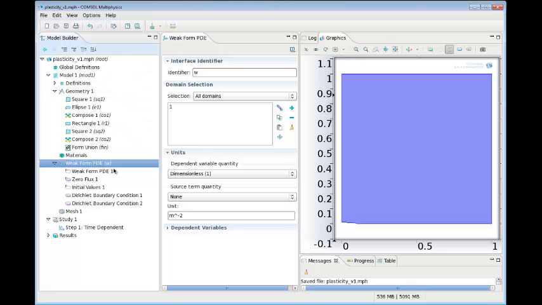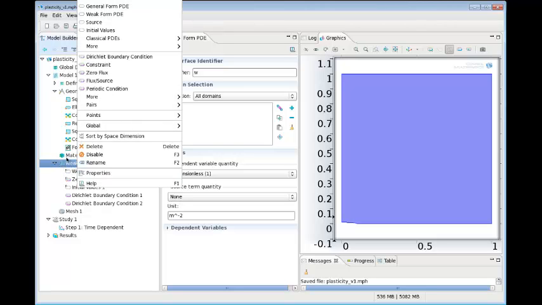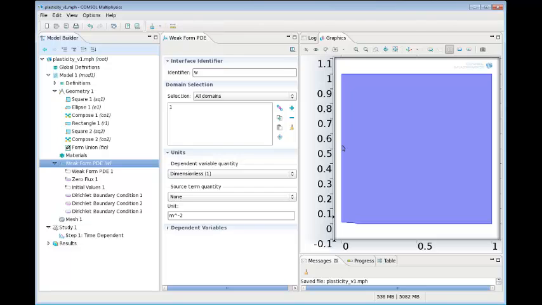So add that one, and we need a roller on the other side. So let's add that one, and we're just constraining it in the x. Okay, so this is defined as a roller on that boundary.